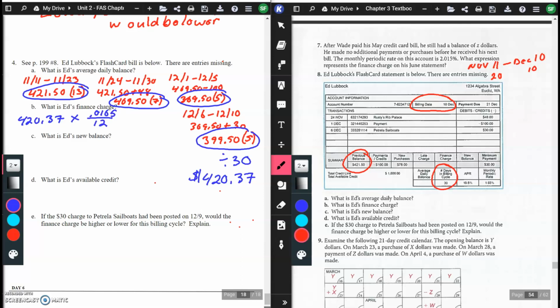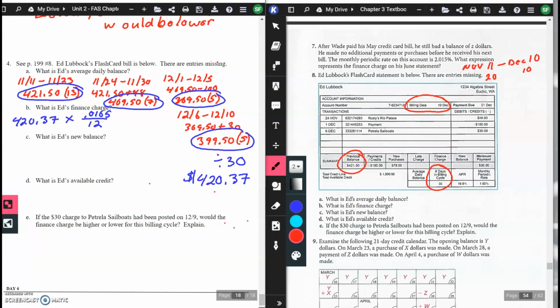All right, one quick fix. That top number is your APR, I looked at the wrong number. Your APR percentage on your statement is 19.8, so that's going to be 0.198. When you multiply that out, you're going to get $6.94. That's his finance charge.